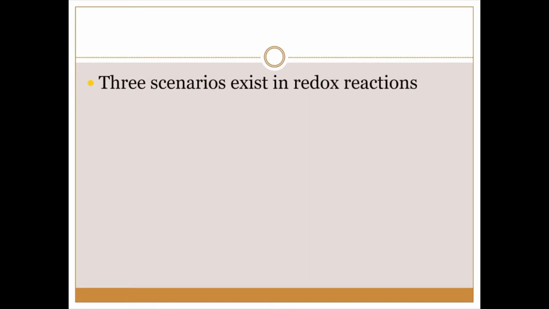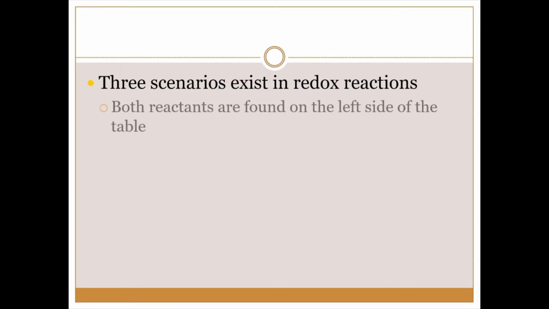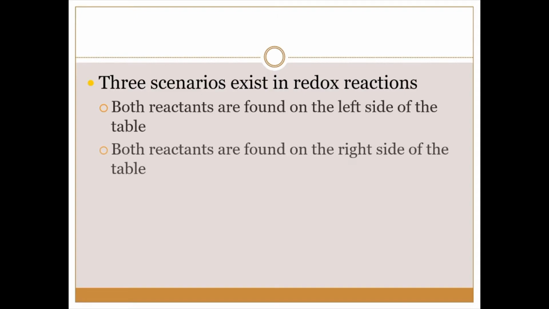Now in redox reactions, there are three scenarios that can exist based on what kind of reducing agents and oxidizing agents you have. We'll discuss all three. The first is that both reactants are found on the left side of the table, so they're both oxidizing agents.